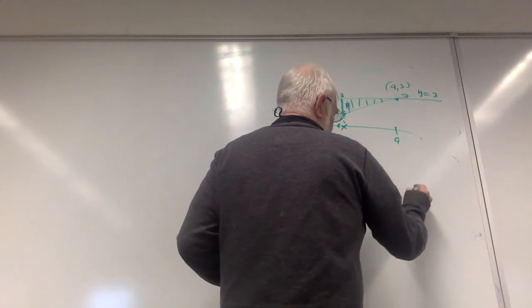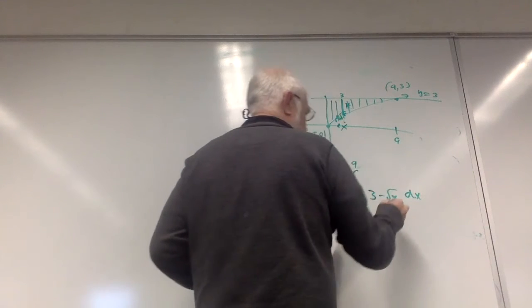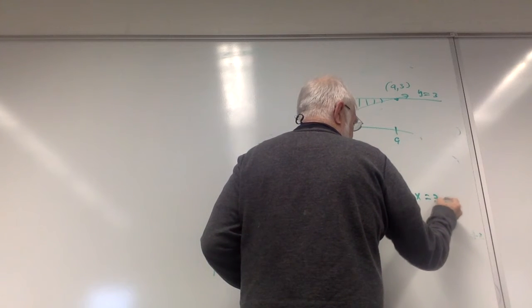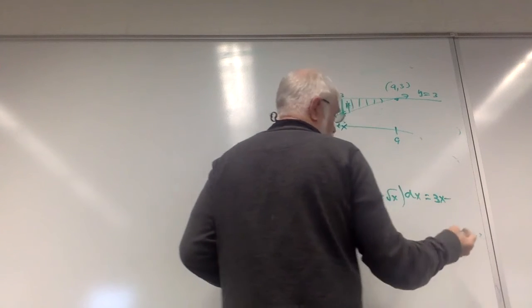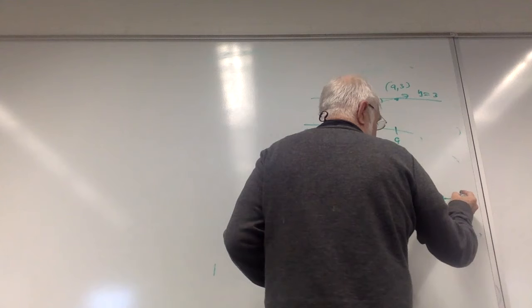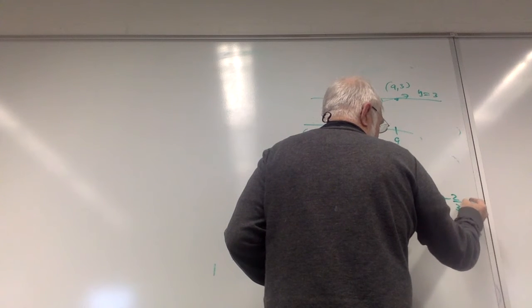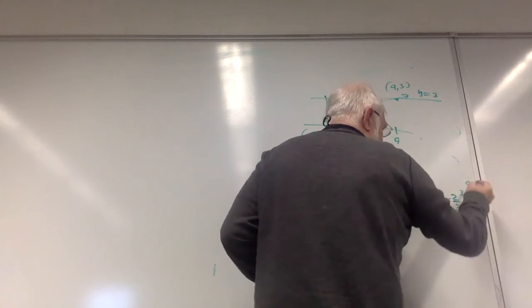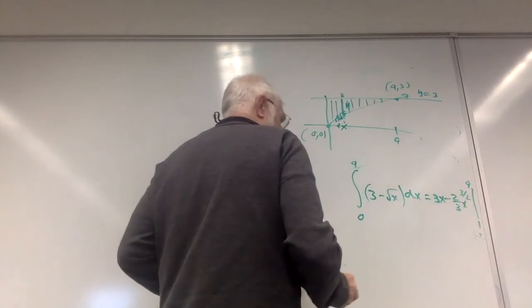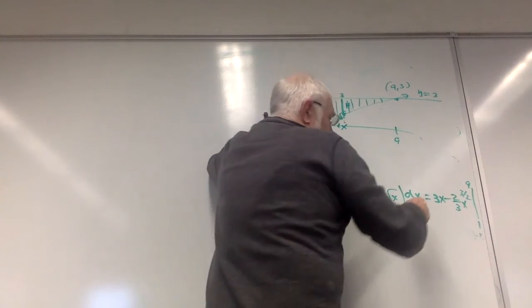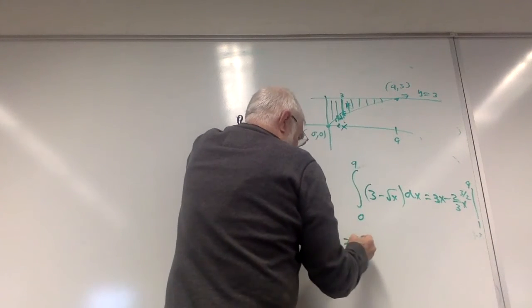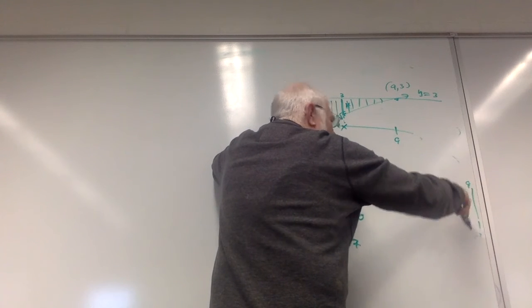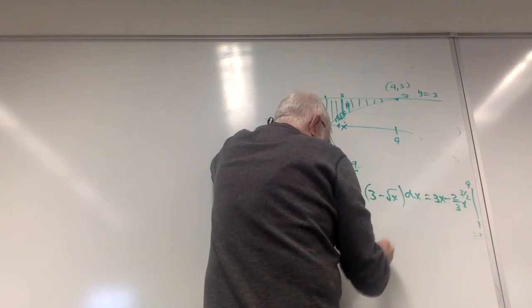And let's see what I get. Oh, I got to get the widths in. The widths are dx. So that's 3x minus 2/3 x to the 3/2 from 0 to 9. We've done that so much here. Okay, I guess we should do it. 3 times 9 is 27 minus 2/3 times 9 to the 3/2. Oh, we've done that so many times. That's 18, isn't it?